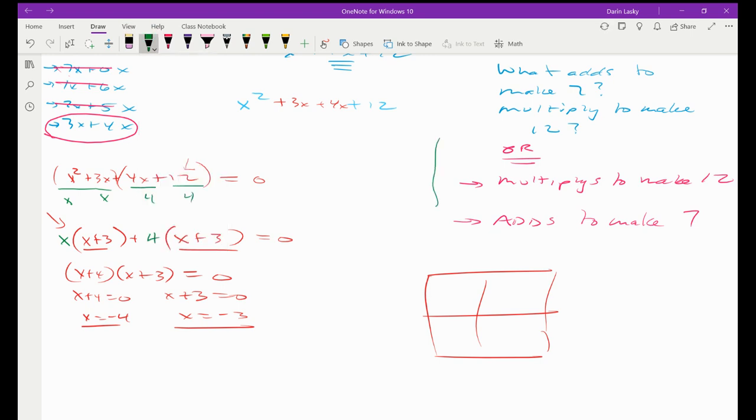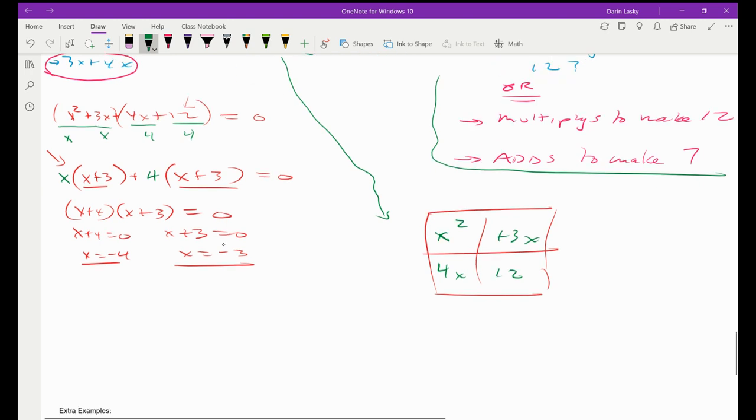Let's just kind of block this off here. We don't want that. So our factor by area model here, we're going to take our first two terms, and we're going to put right here. We're going to take our first two terms in the top row, x squared plus 3x. And we're going to take our bottom two and go 4x and 12.